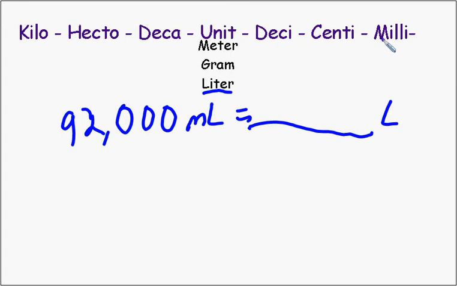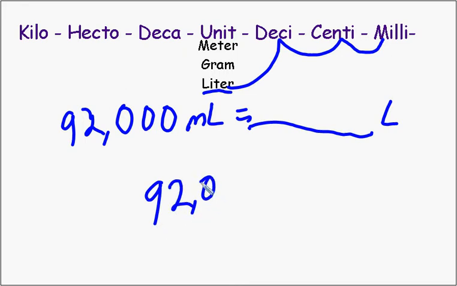How many places to the left? Once, twice, 3 times. Let me rewrite this. 92,000. The decimal point would go right next to the ones place. So I'm moving this over 1, 2, 3 times, and that would give me 92. So 92,000 milliliters is 92 liters.